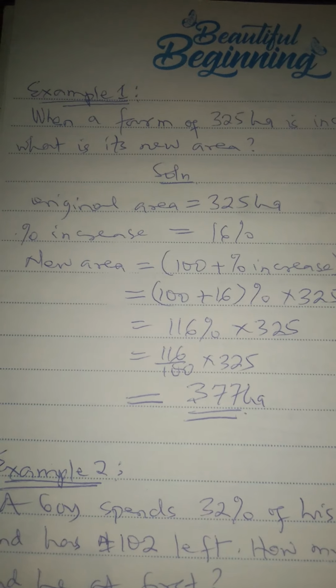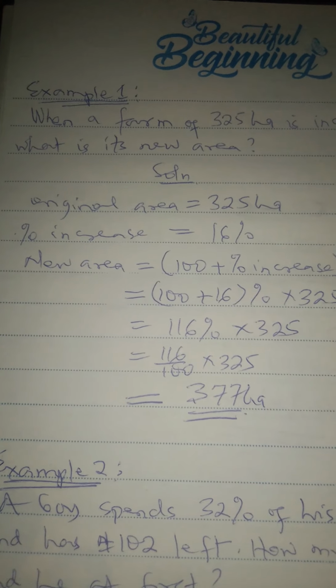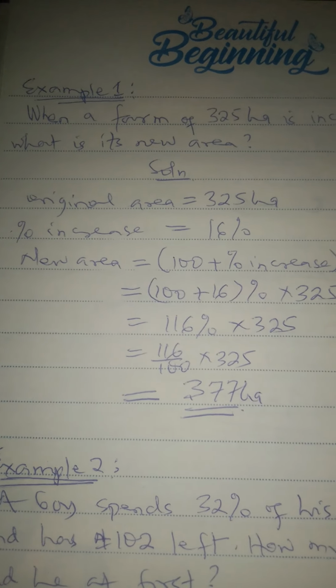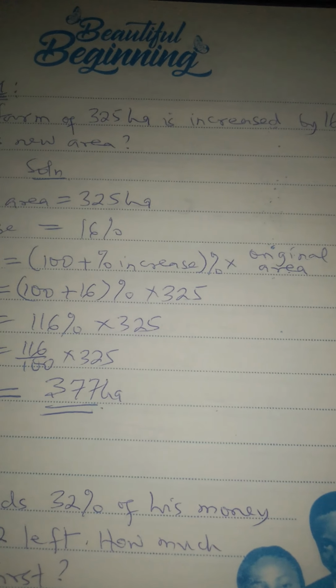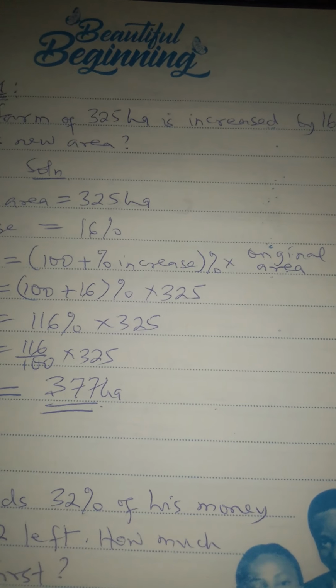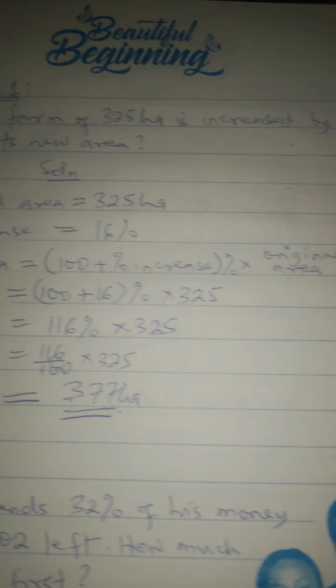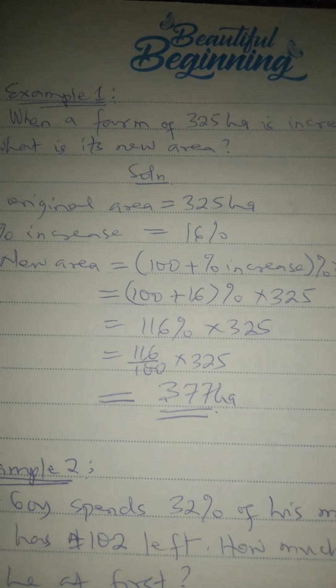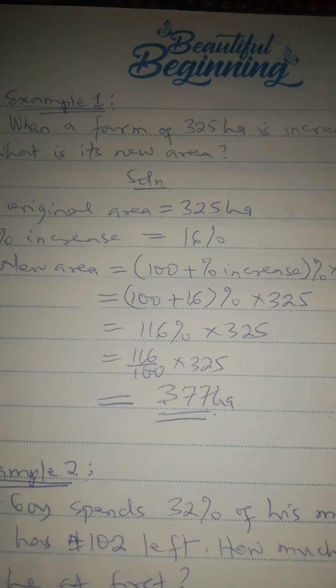The formula that you will use here is new area equals (100 plus percentage increase)% times original area. That's what will help you, because here the new area will increase.